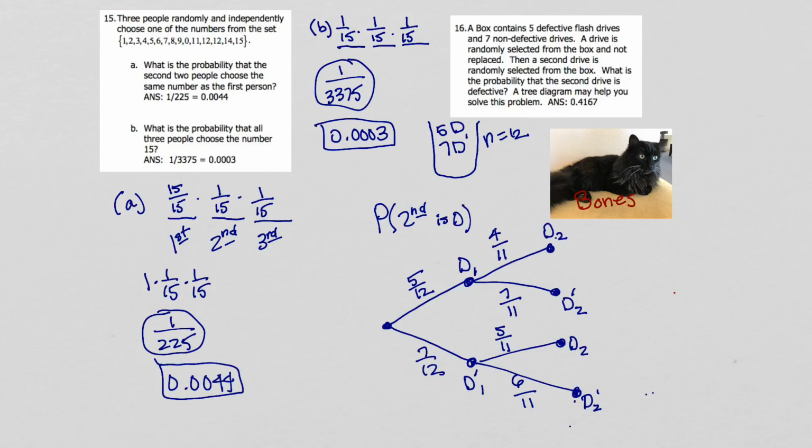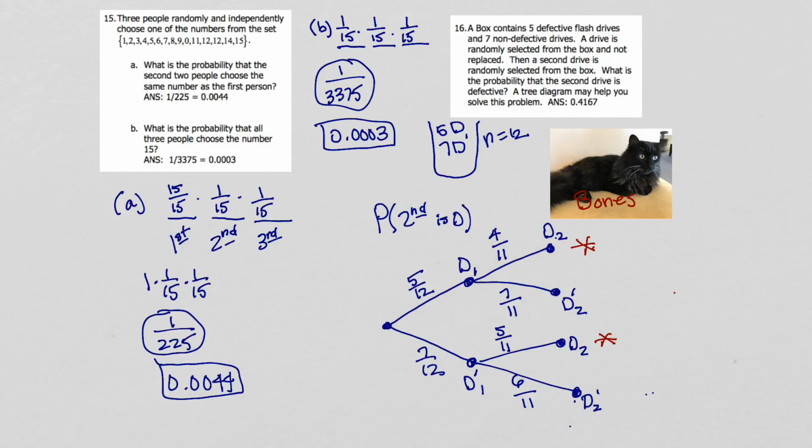Now what we want is a defective on the second. So here's how you can get a defective on the second, right there and right there. So what has to happen? How do you get here? You have to go up this branch and this branch. So you have to go here and times here.